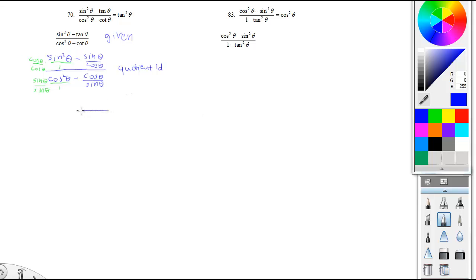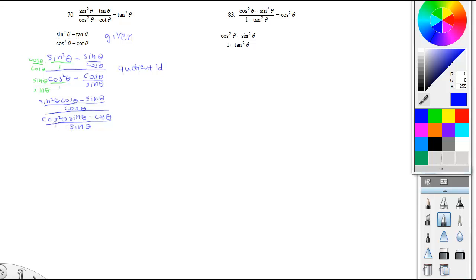After we do that and combine the fractions in one step here, we will get sine squared theta times cosine theta minus sine theta, all divided by cosine theta. And for this one, cosine squared theta sine theta minus cosine theta, all divided by sine theta.